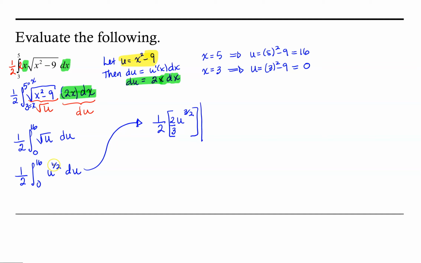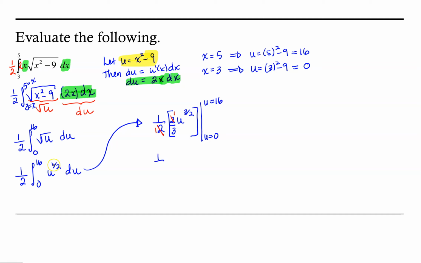And then we want to evaluate that from u equals 0 to u equals 16. Notice that this 1/2 and this 2 in the numerator of 2/3 can simplify a little bit, and we can start substituting in the upper limit of integration.